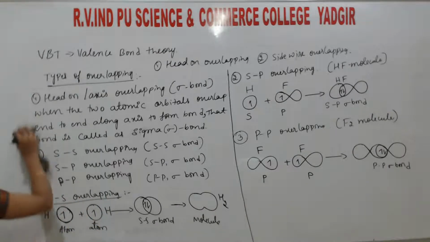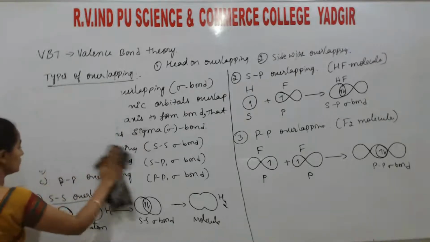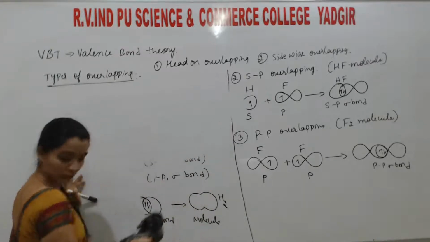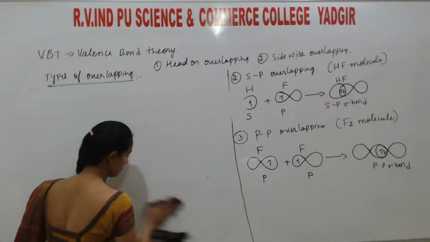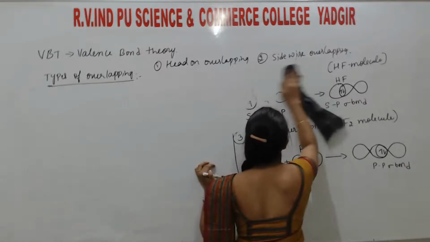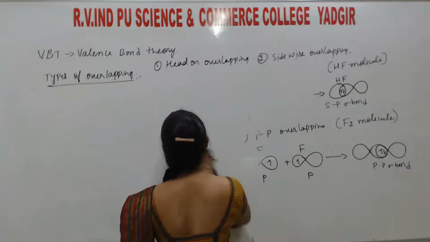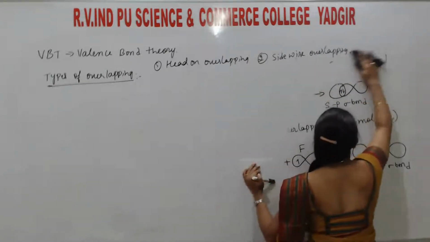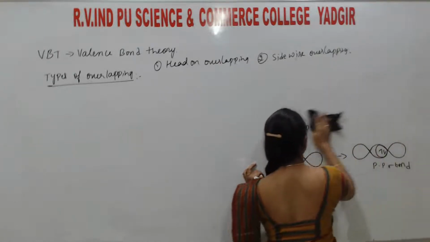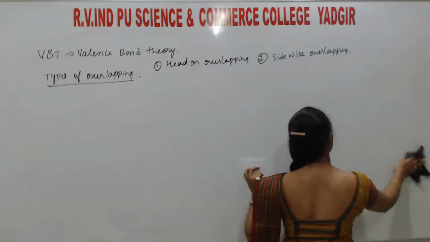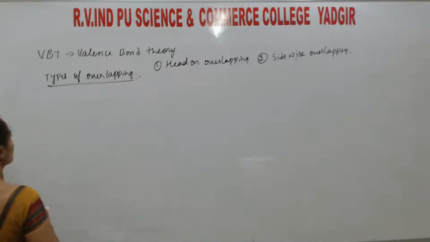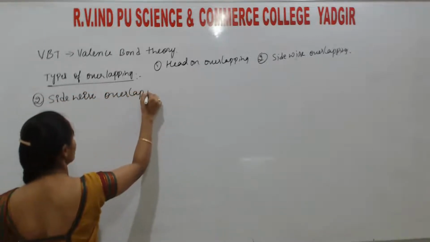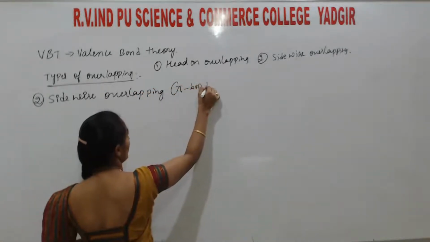So the next one is what? Sideways overlapping. This is also called the pi bond.